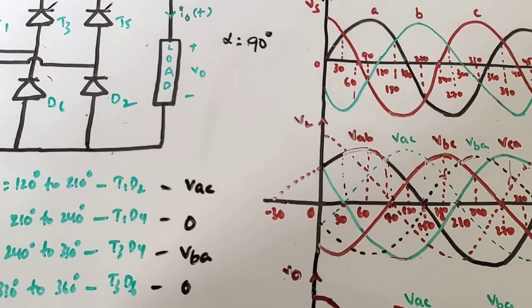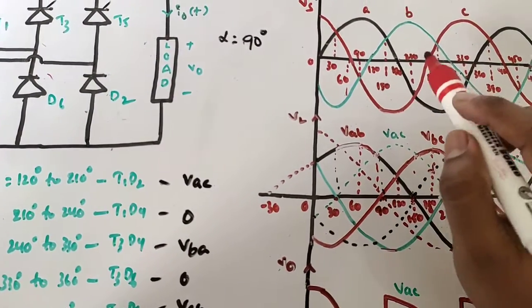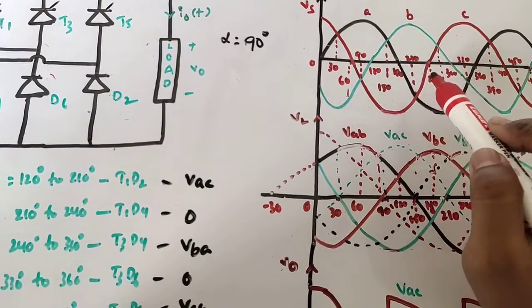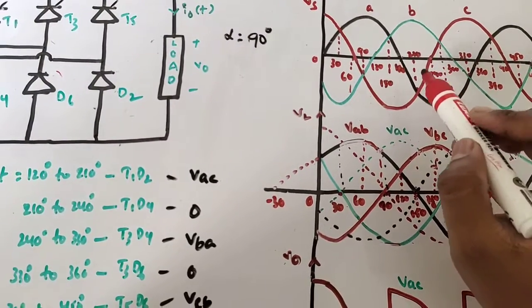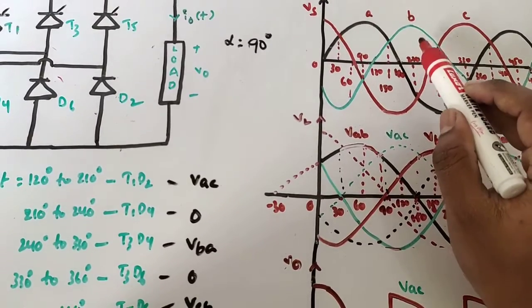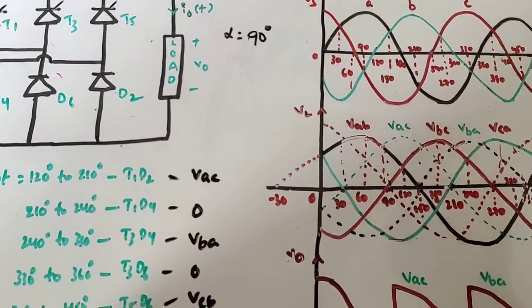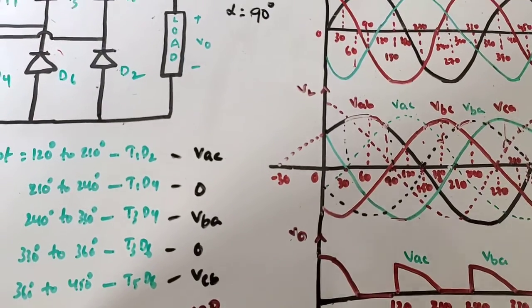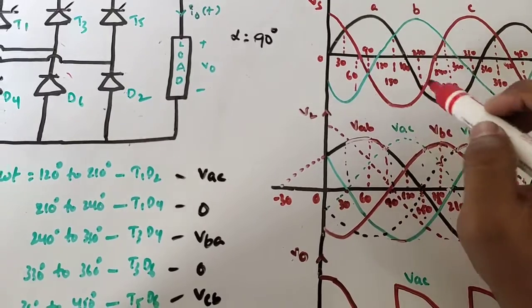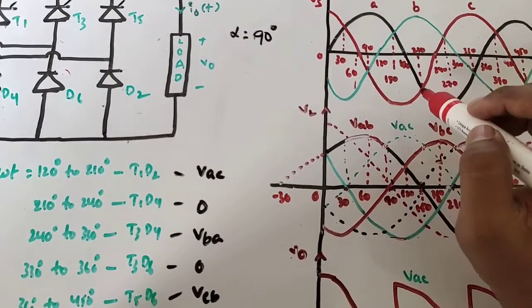Now if you clearly observe one thing, from 120 to 210, A and B are more positive.